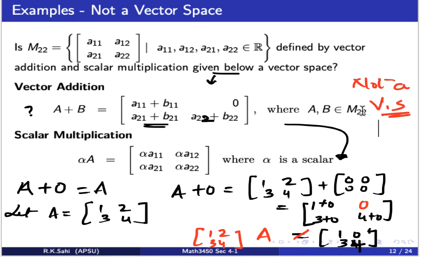The key point, guys, is that if you have to prove something is a vector space, you look at the non-empty set given to you. Is it familiar to what you already know about? Then you look at their vector addition and scalar multiplication, and that will be the clue for you to make a decision. Is it going to be a vector space or not?